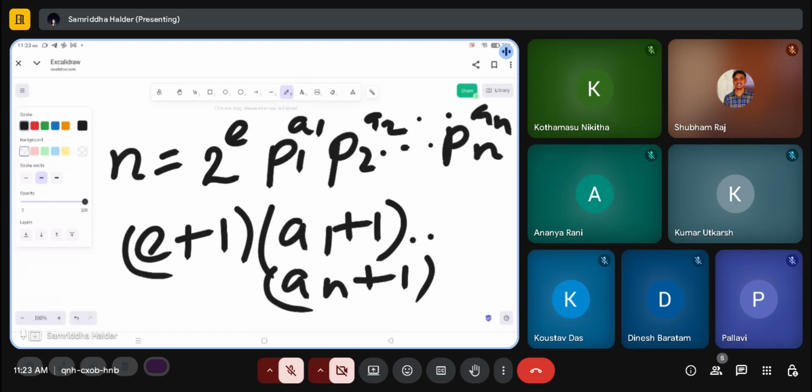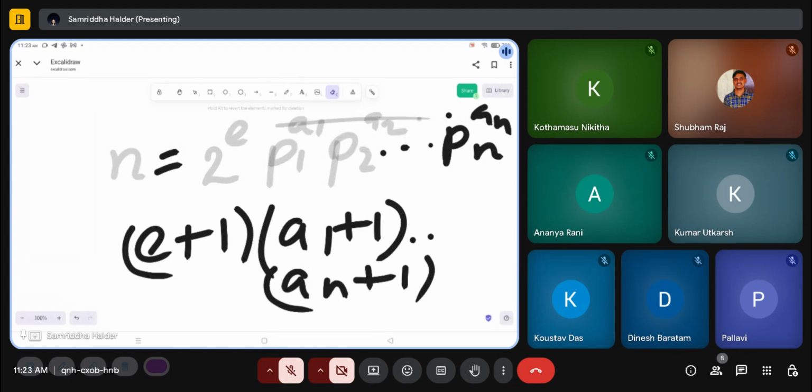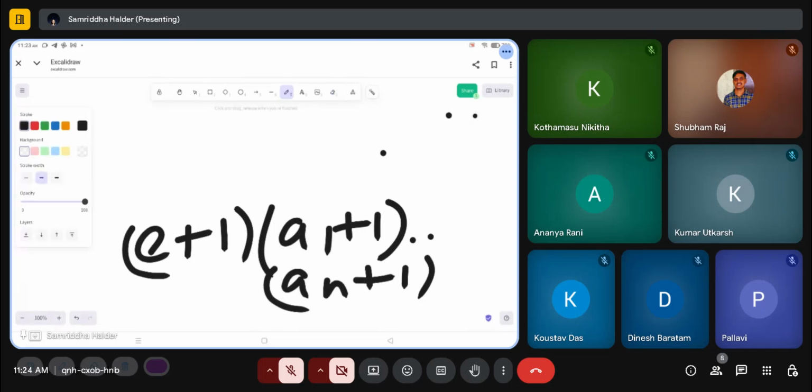Now we are given that there are a odd divisors and b even divisors. So we can easily conclude this fact, which will help us solve the problem, that a plus b is equal to this thing, right? Now b is the number of even divisors and a is the number of odd divisors.